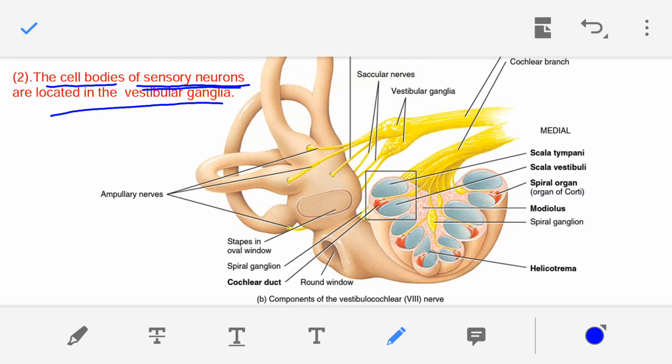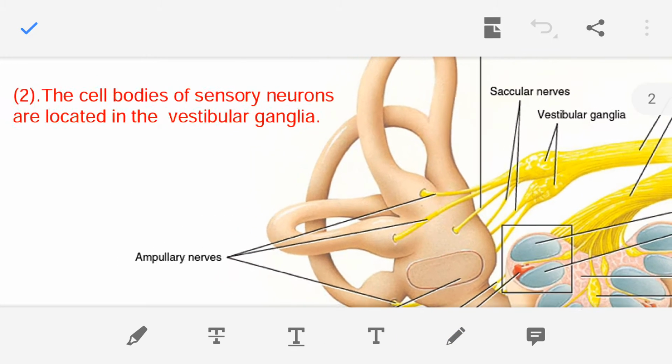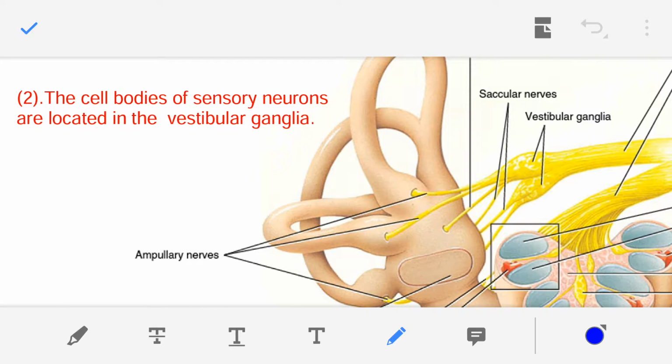So you can understand, the sensory neuron's fiber, or you can say dendrite, synapses with the hair cell, and the body of the sensory neuron is located in the vestibular ganglia. So here you can see the vestibular ganglia.